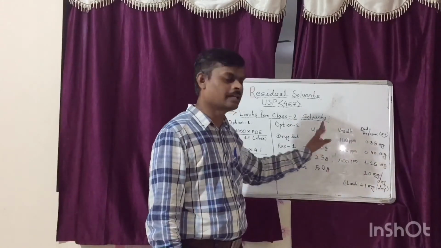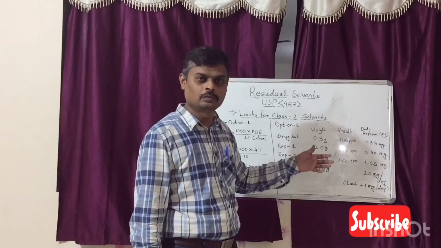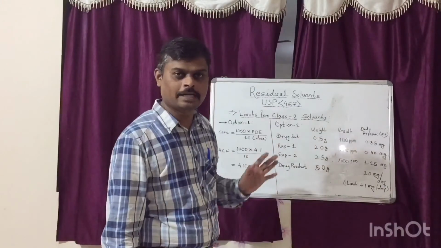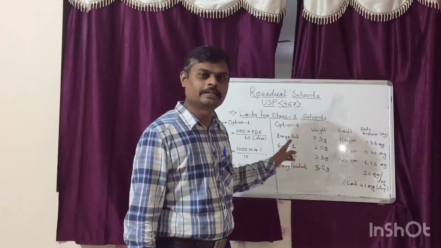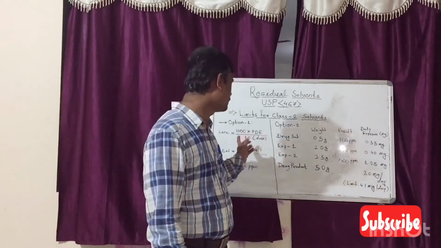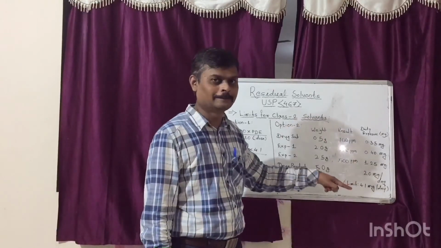If all results are below option 1 limit, then there is no requirement to apply the option 2 limit. You can directly release your batch without testing. If any of the ingredients of drug product does not comply with the option 1 limit, you can apply option 2 limit.